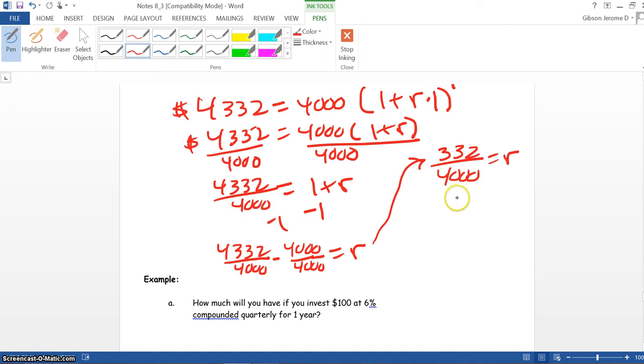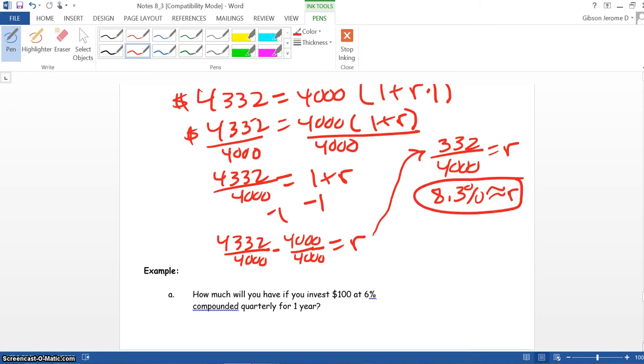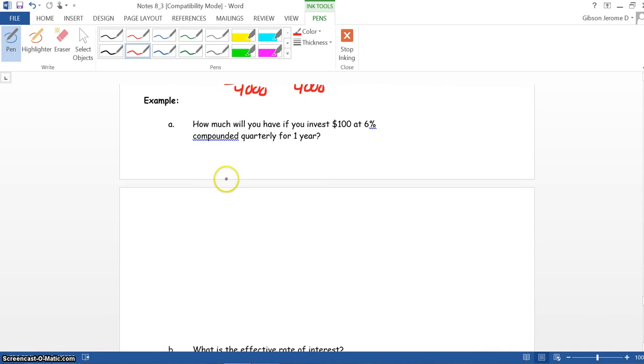Now you could put this in your calculator and it will give you approximately 8.3%, which would be your interest rate. Now, we scroll down here to A. It says, how much will you have if you invest $100 at 6% compounded quarterly for 1 year? So this is what we would do.